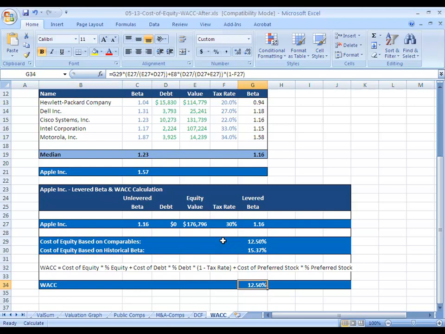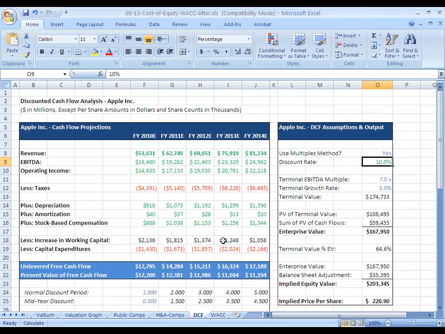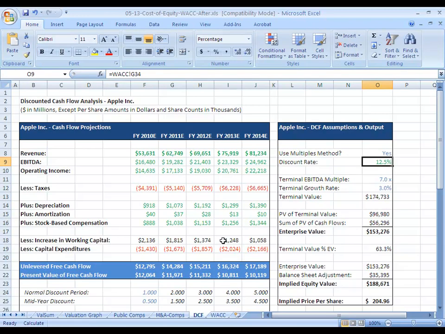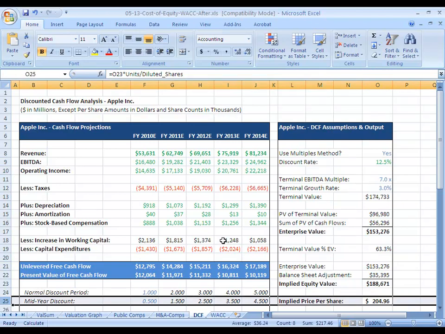But that is how we actually make the calculation here that lets us get to Apple's weighted average cost of capital. One final thing we want to do here is go back to our DCF analysis and make sure our discount rate is now linked to the WACC number here at the bottom. We see that with this in place, our implied price per share drops by around $20 per share.